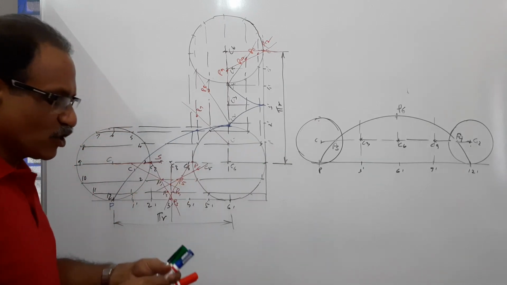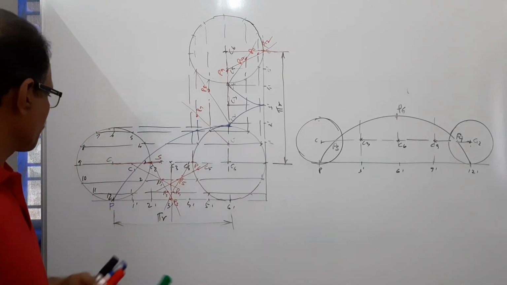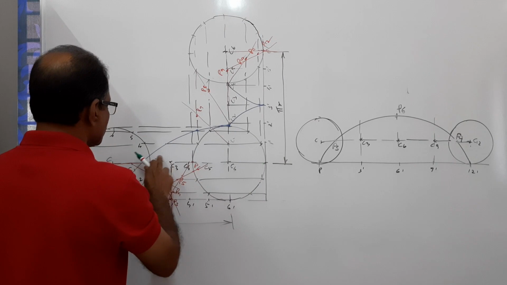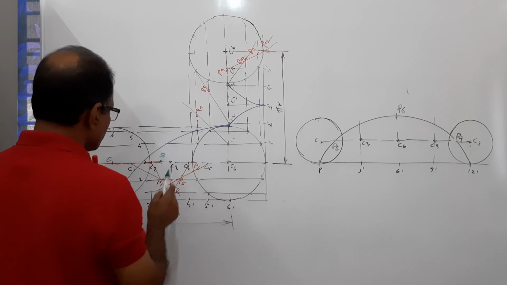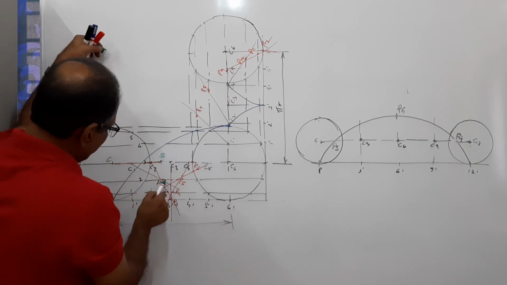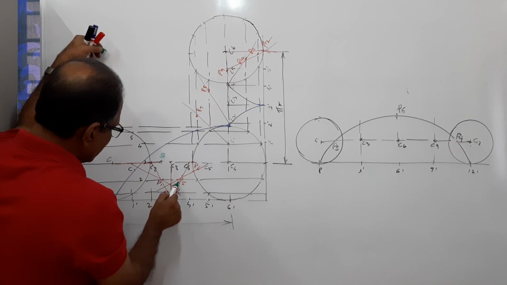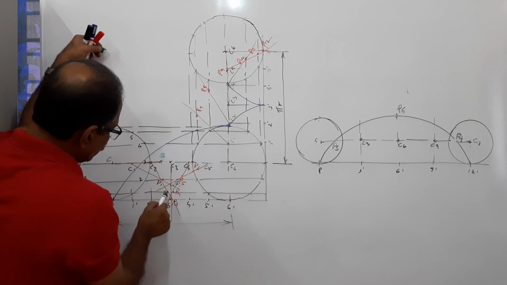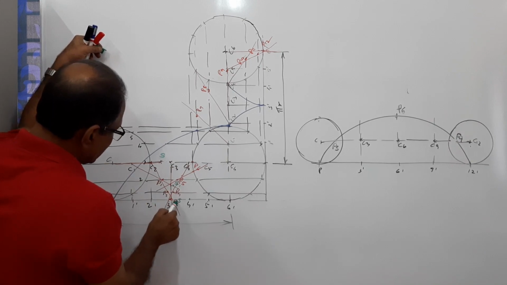On them, you have to locate what? S1, S2, S3. Yes. On C1, P1, somewhere here is S1. On C2, P2, somewhere here is S2.